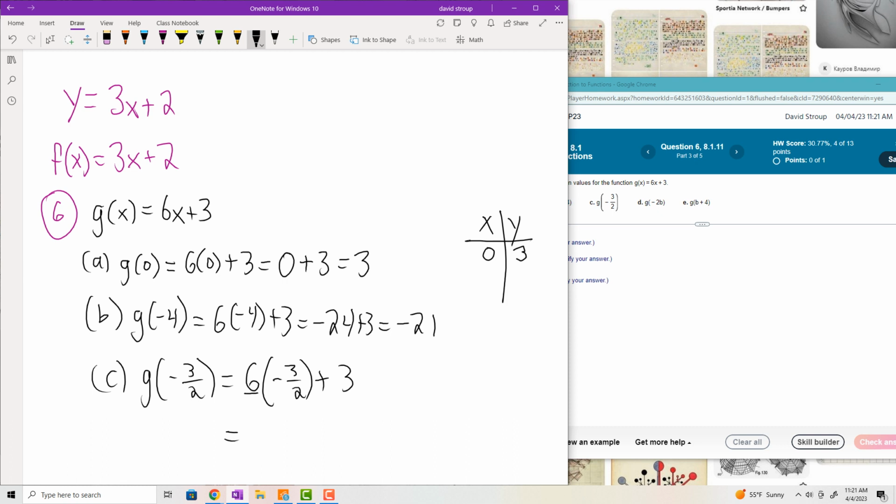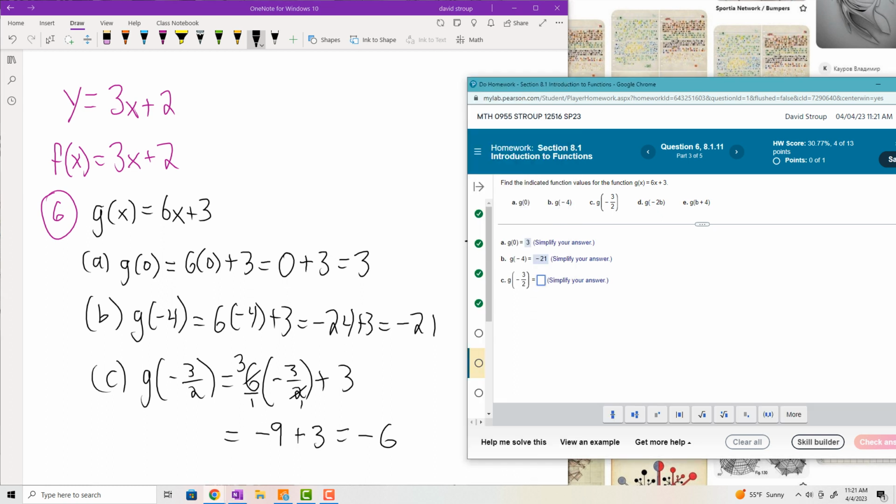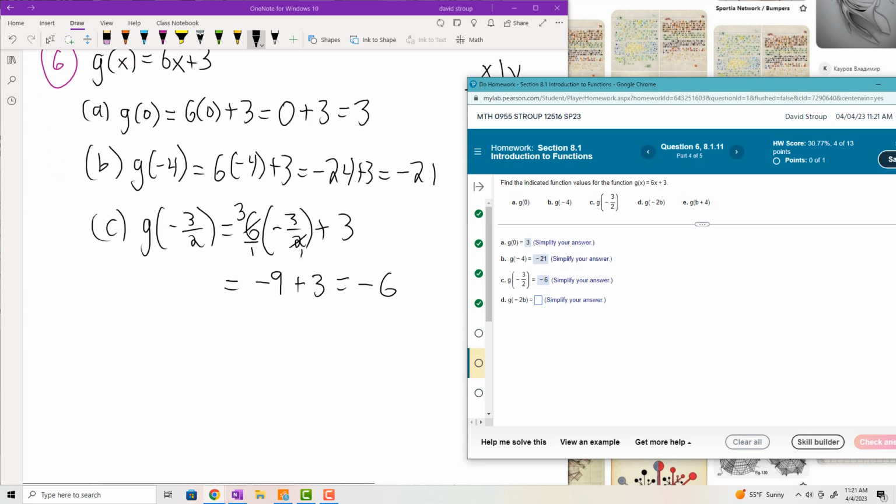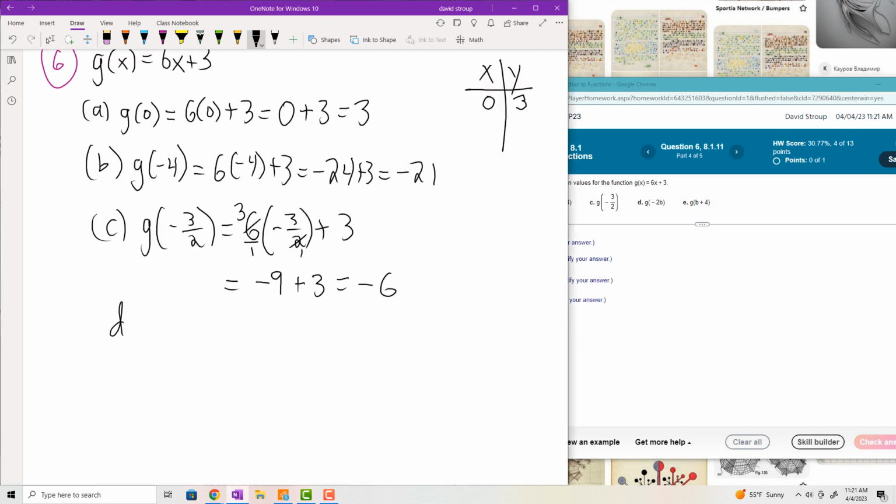You could rewrite 6 as 6 over 1, and then 2 goes in the 6 3 times, and 3 times -3 is -9 over 1 times 1 is 1. Then plus 3 is negative 6. And then part D, we have g of negative 2b, and that'll equal 6 times, and you're replacing x with negative 2b, and then plus 3.